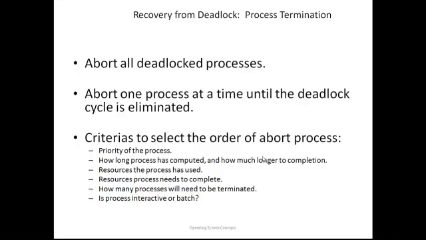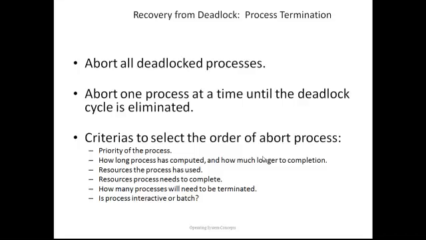Now how to recover from deadlock. It is about aborting all deadlocked processes, or aborting one process at a time until the deadlock cycle is eliminated, or you have to find criteria to select the order of aborting processes.